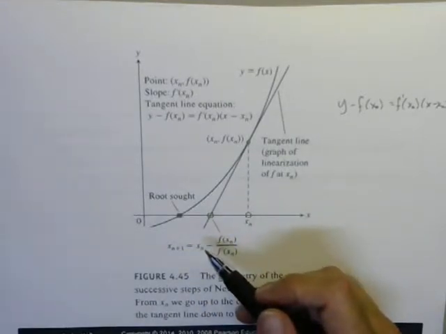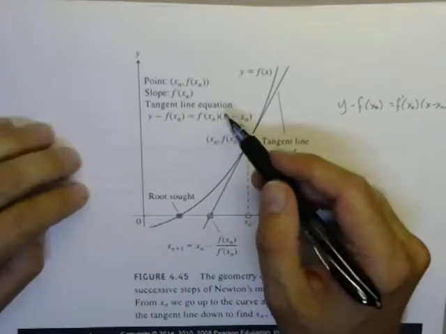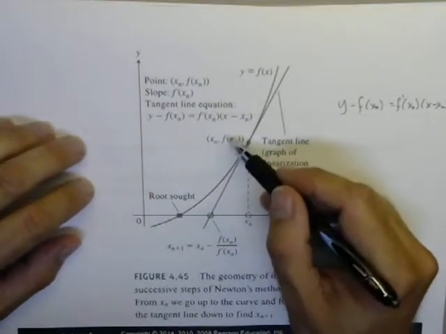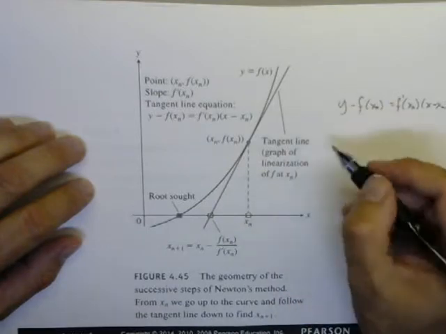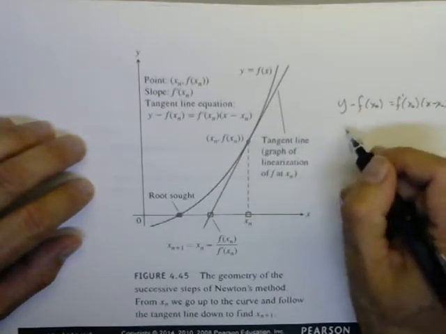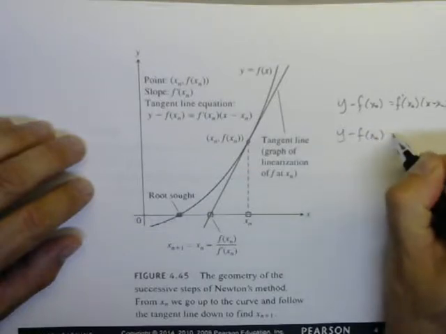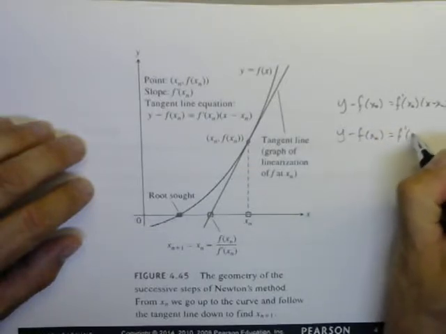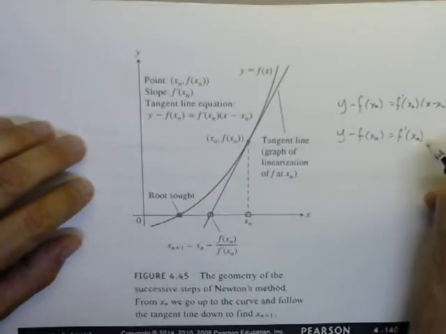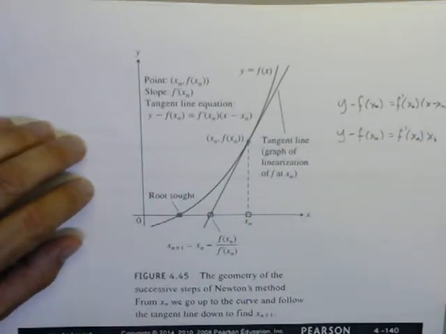In that particular case, the y-coordinate would be 0, not the x-coordinate. Sorry, that should be 0. So you'll still have the x in here, because the height of the point is 0. So plugging that value in, you have 0 minus f of x sub n is equal to f prime of x sub n times x minus x sub n.